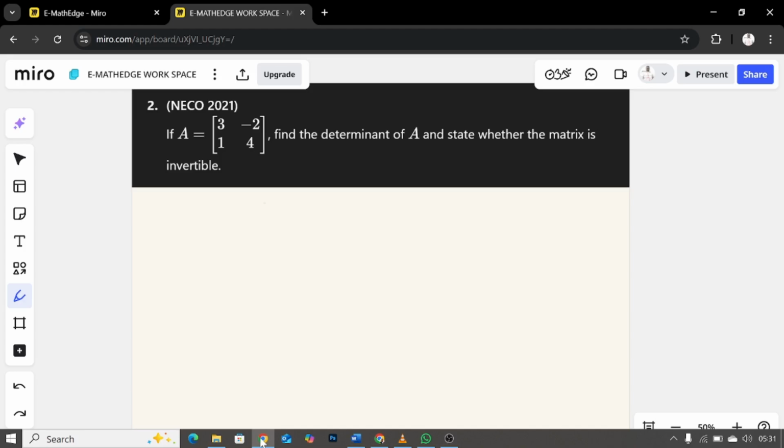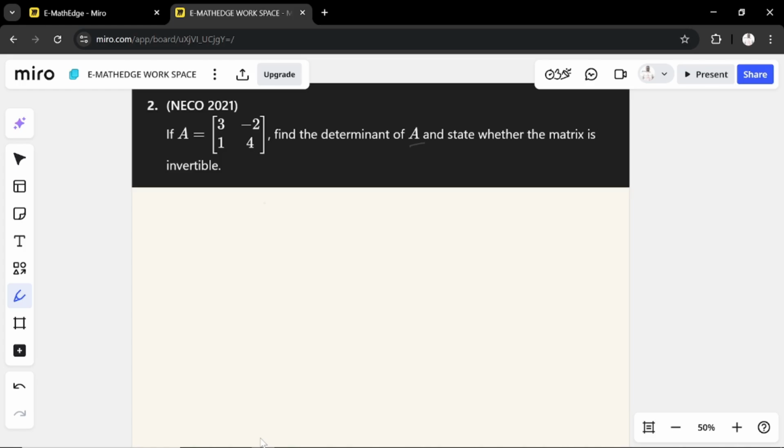Number one is for you to find the determinant of the matrix A. And number two, it is for you to find out if the matrix is invertible or not. So, without wasting much time, let's go ahead and find the determinant first.